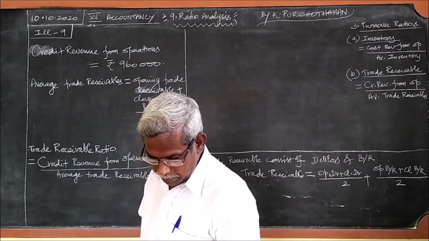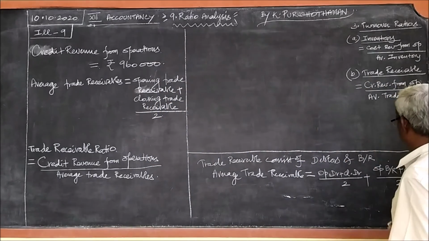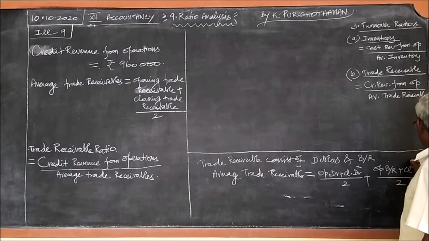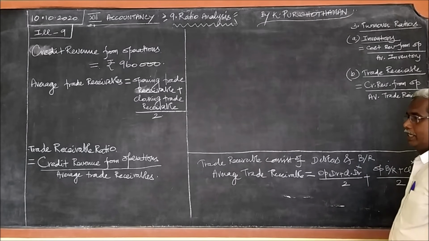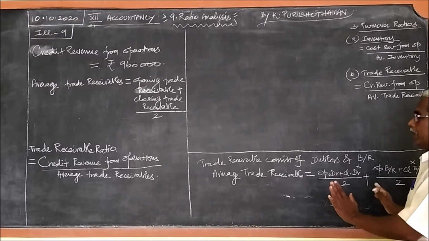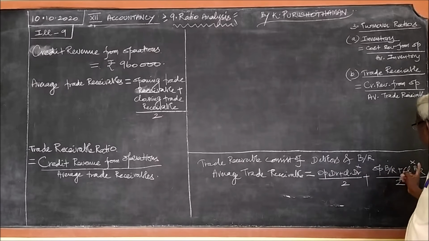Debtors and bills receivable at the end of the accounting period. That is, closing debtor and closing bills receivable are given. So, should we add these two numbers and divide by 2?